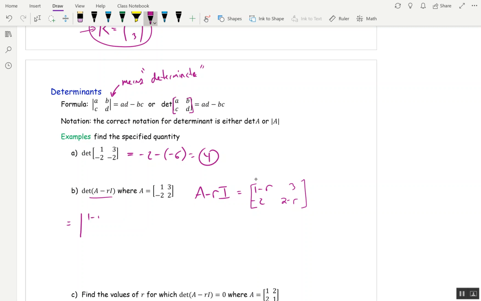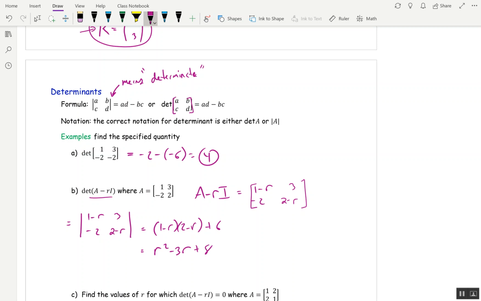That's 1 minus R times 2 minus R plus 6. And I said plus because it's minus a -6. So that's R squared. The middle term is negative R minus 2, so minus 3R. And then plus 2 plus 6 is plus 8. There's our determinant.